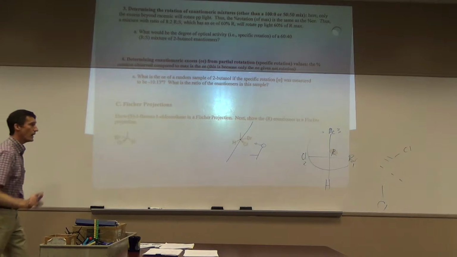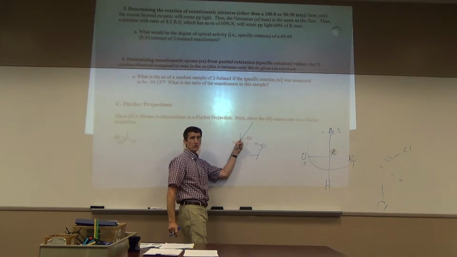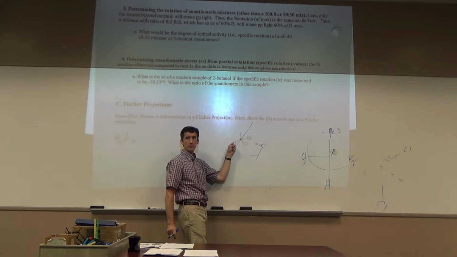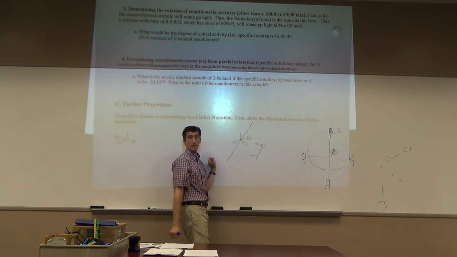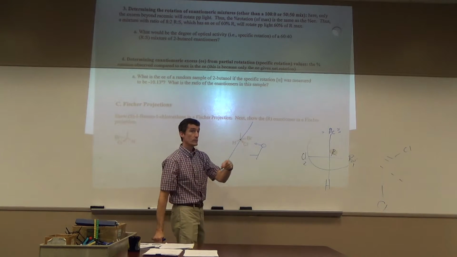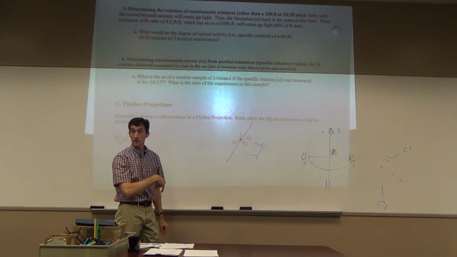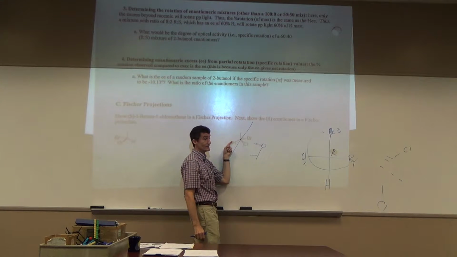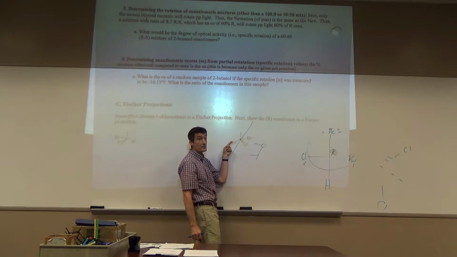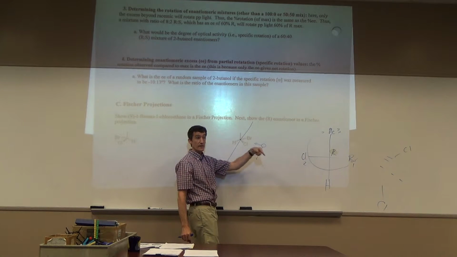Also, this is going to be difficult to do R and S because the H is not forward or back. If the H is back, we just do 1, 2, 3 and say it's whatever. If the H is forward, we do 1, 2, 3 and then just reverse what we saw. But what do you do when it's in the plane? You could do a variety of ways. I'm suggesting draw it in a Fisher and then do it.